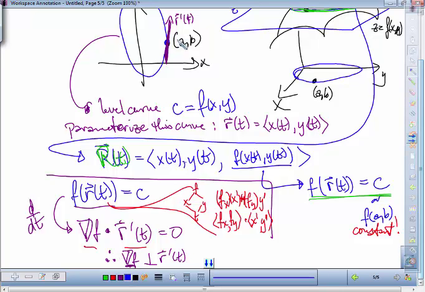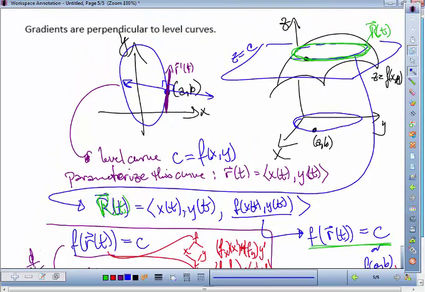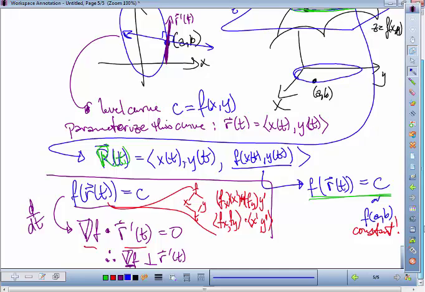So then the gradient has two possible directions to go. The gradient's either going this way or going this way, as long as it's perpendicular. But then that means it's perpendicular to a level curve. Not only that, little r of t is a level curve. It's perpendicular to a tangent to a level curve, which in essence is saying it's perpendicular to a level curve.